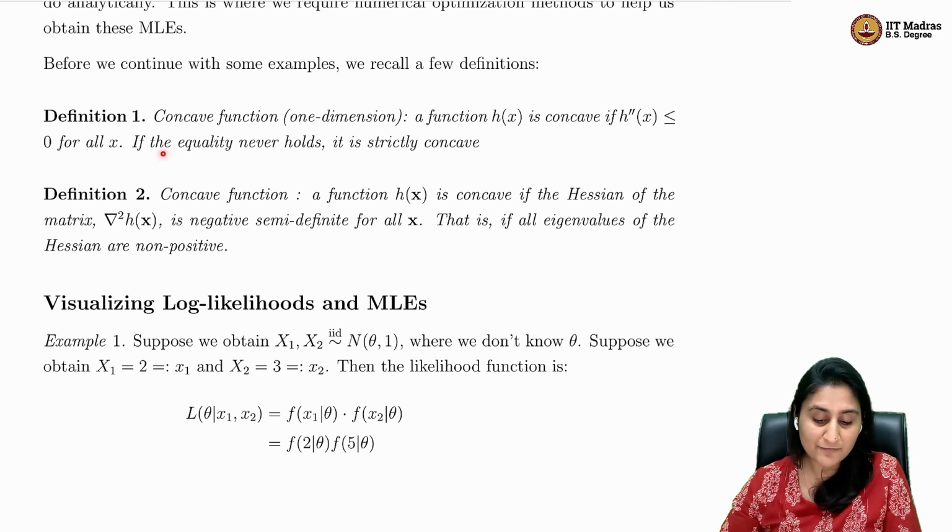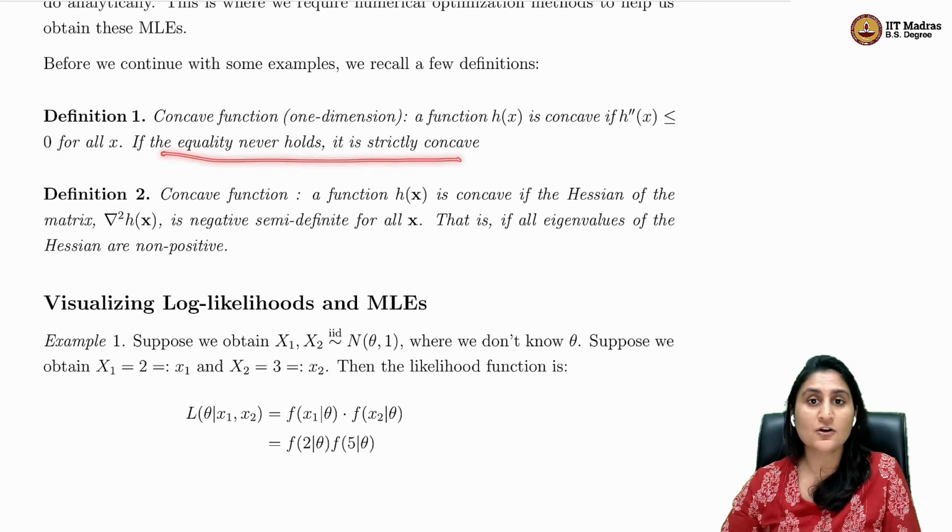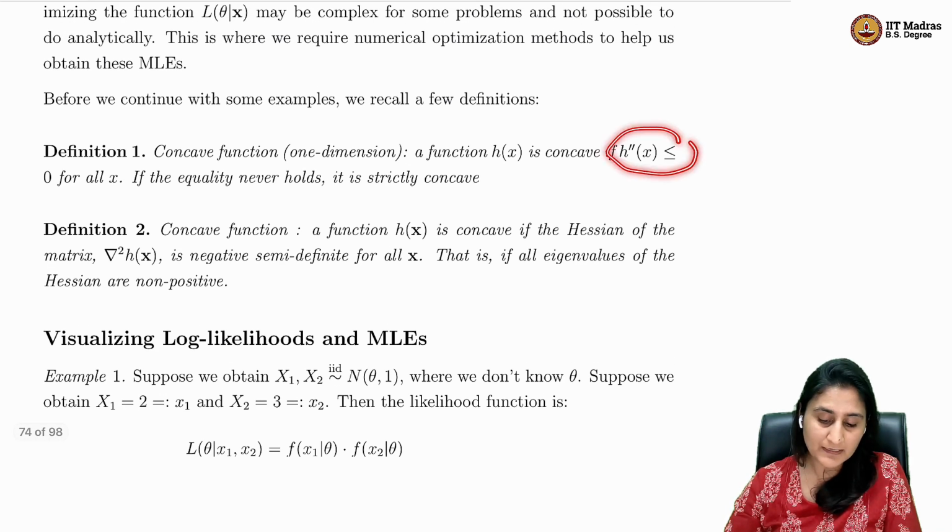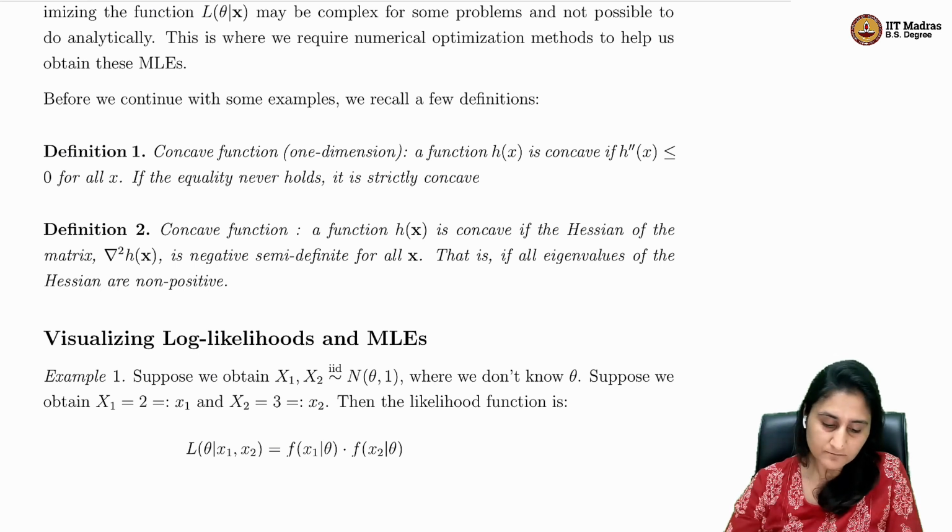If the equality never holds, it is called strictly concave. The second derivative being less than or equal to 0 means the function should look something like this. In this space x, h of x, the second derivative everywhere, h double prime of x, is going to be less than 0.